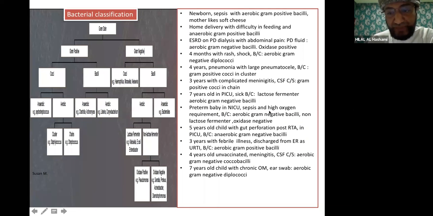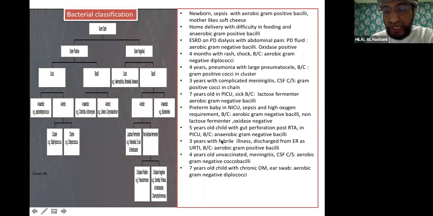A preterm baby in the neonatal ICU presented with sepsis and high oxygen requirement. Blood culture grew aerobic gram-negative bacilli, non-lactose fermenter, and oxidase negative. Here it takes you to these organisms: it can be Serratia, Stenotrophomonas, or Proteus.